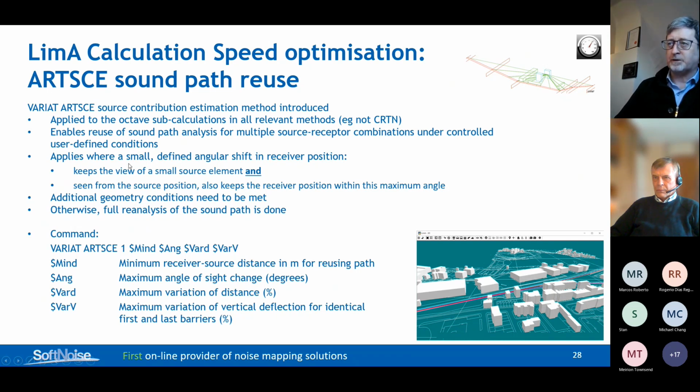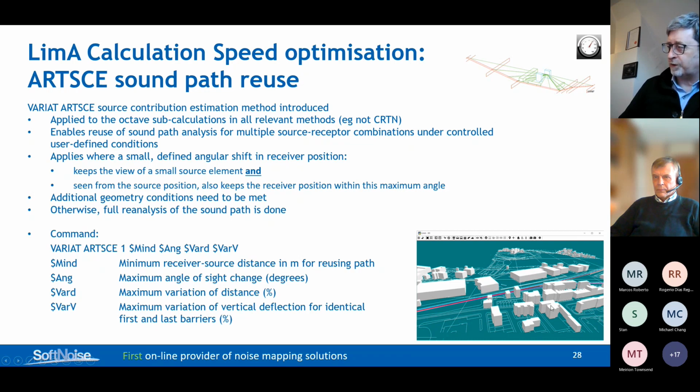And it basically means when you have a small angular shift in the receiver position where you have the same view of the same source element and you don't have a large angular change, then you can simplify the source path. You can use the neighboring receiver's source path, speeding up the calculations.